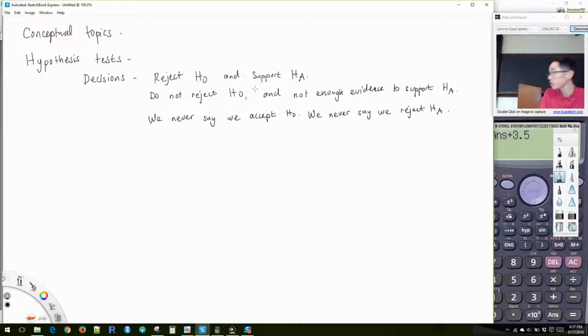Rejecting the null is essentially the same as supporting the alternative. And failing to reject the null is the same thing as saying there's not enough evidence to support the alternative.